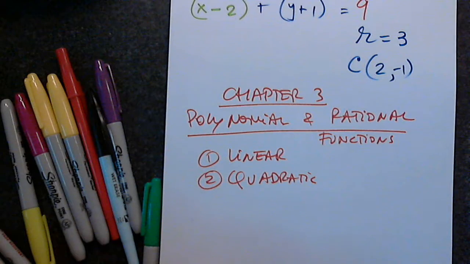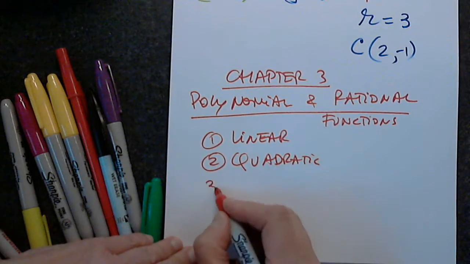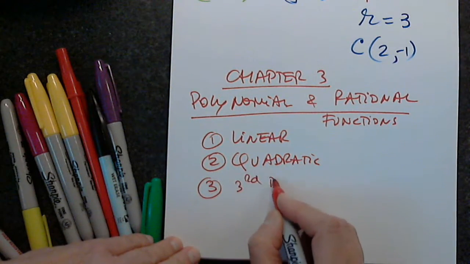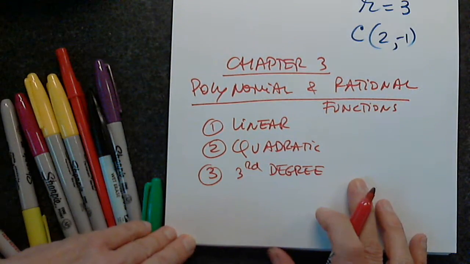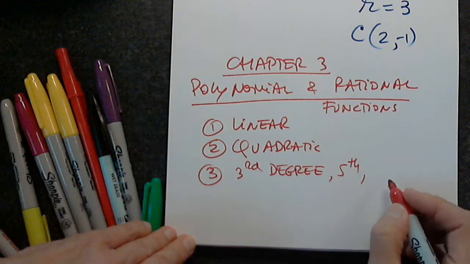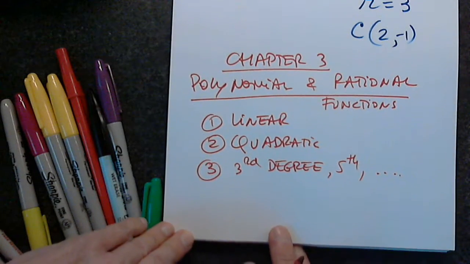Although we use quadratic functions in transformations, we're going to go into more detail, and we're going to look at word problems that use quadratic models in real life situations. We are going to look at a third degree polynomial function, also the fifth, and so on and so forth, any odd degree.